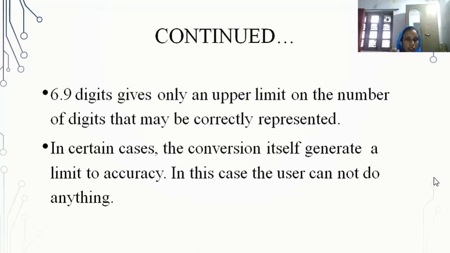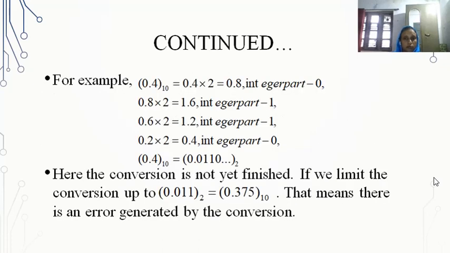So there is some built-in inaccuracy in this conversion process. For example, see 0.4 in decimal converted to its equivalent binary. As we already found, we multiply the fraction by 2 and take its integer part.